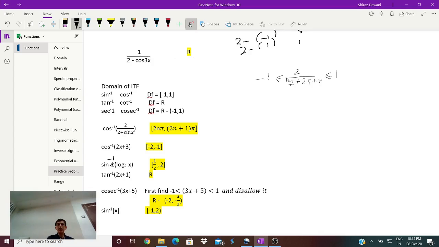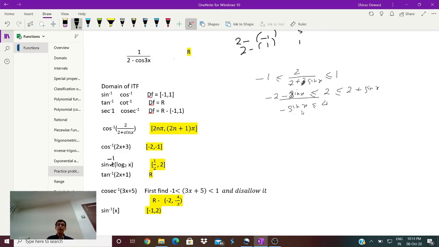Then you multiply on both sides. So -2 minus sin x is less than or equal to 2, which is less than or equal to 2 plus sin x. Now solving first this part, minus sin x is less than or equal to 4.